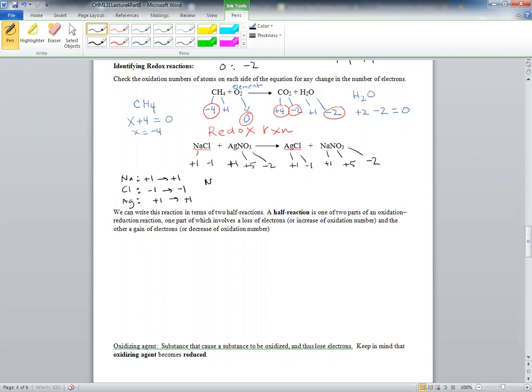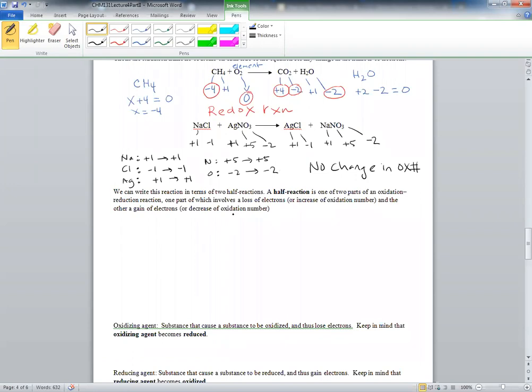N was a +5, still is a +5. And of course, O was a -2, still is a -2. There's no change in oxidation numbers. So therefore, you do not have an oxidation reduction reaction. So that's what happens.